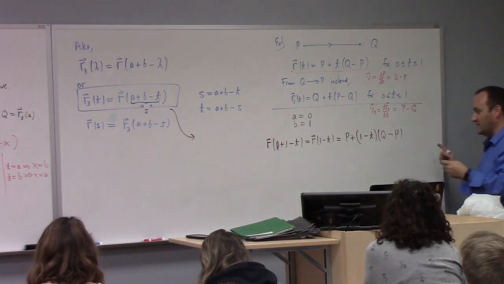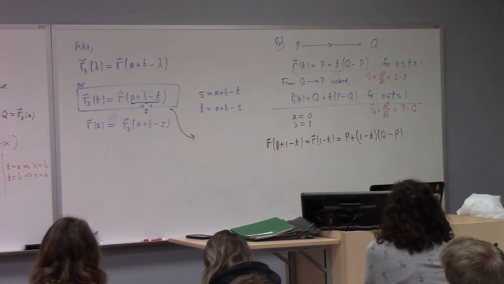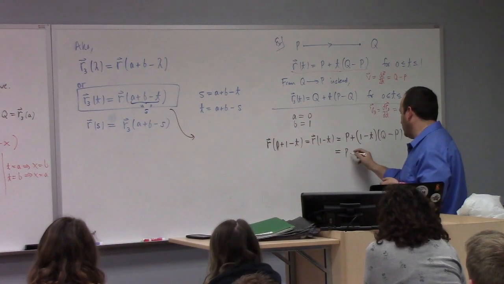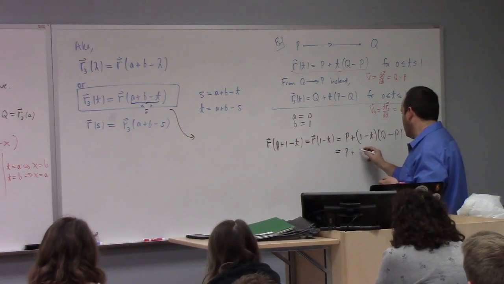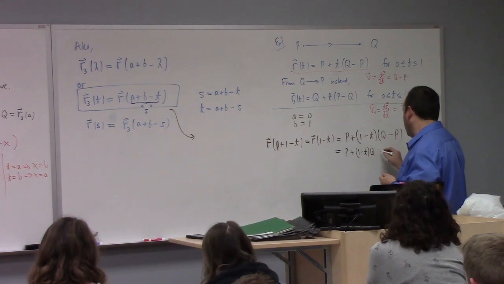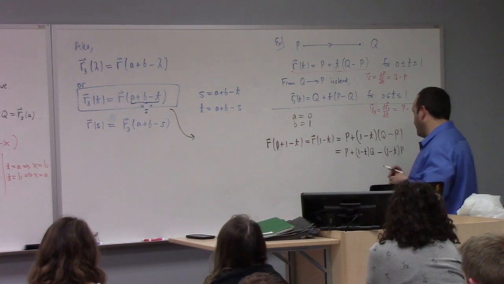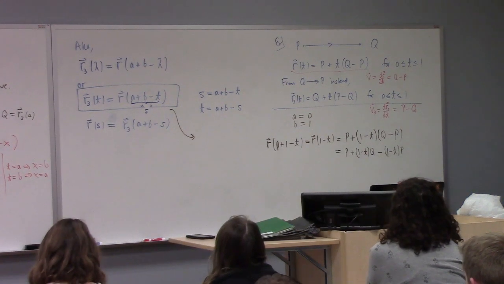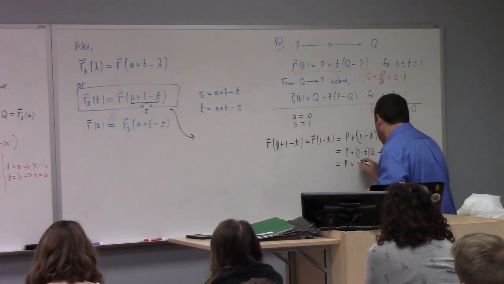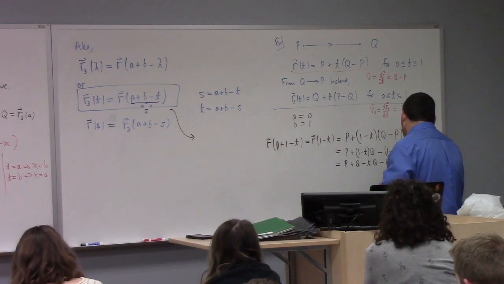Can you see how this simplifies? What do we got? We've got P plus 1 minus T times Q minus 1 minus T times P. Does anything cancel out here? Let me just multiply it all the way out. So you got P plus Q minus TQ minus P plus TP.